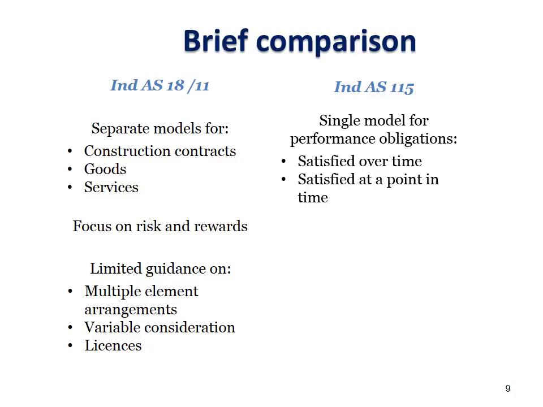Under Ind AS 11 and 18, the focus has been more on risk and reward. Under 115, the focus is on control. Yes, risk and reward is one of the criteria for recognition, but the most important is control, where the control passes. There has been limited guidance on multiple arrangements, variable considerations, and licenses.